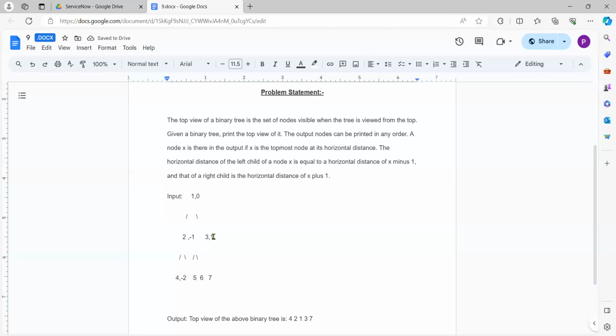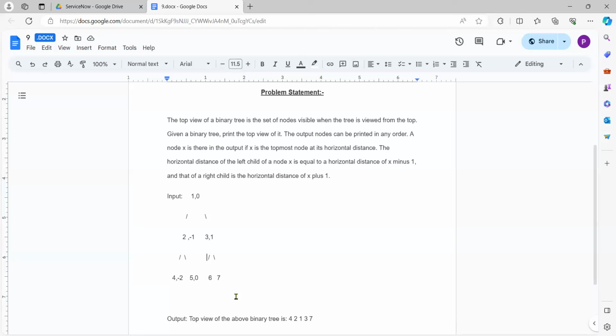From -1, if you go 1 unit right side, let me have some space here. Okay. So from -1 going 1 unit right, you will again be at 0. And 3 is nothing but at 1 unit distance on the right side, on the positive side.